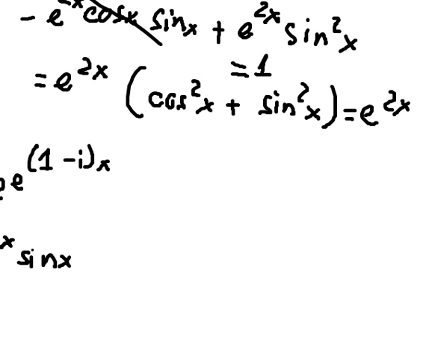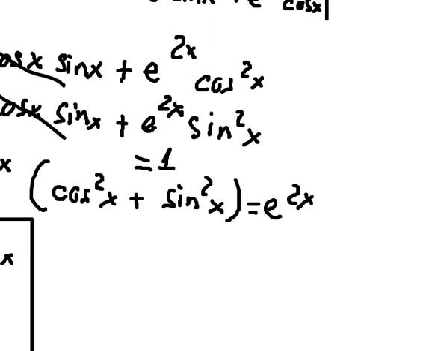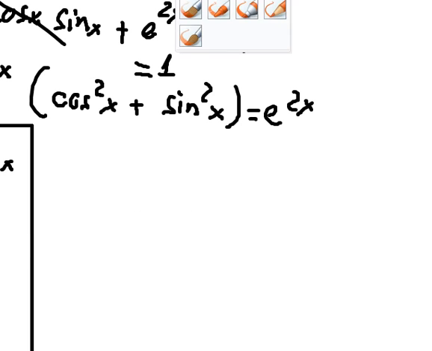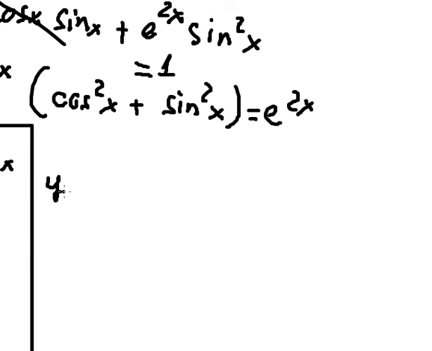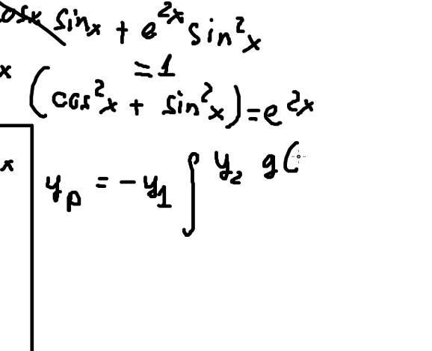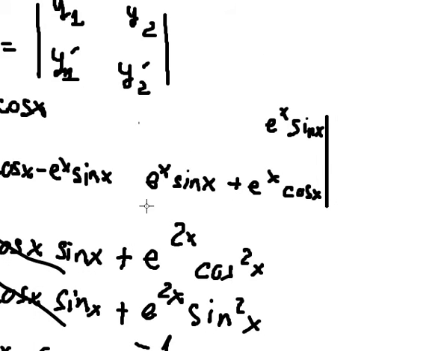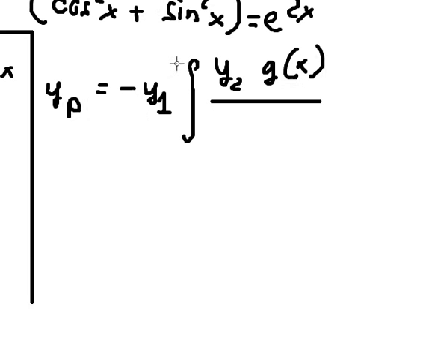And now we can find the particular solution. So that is yp. So we have negative y1, and we have the integration of y2 gs over the Wronskian. That is this value in here.